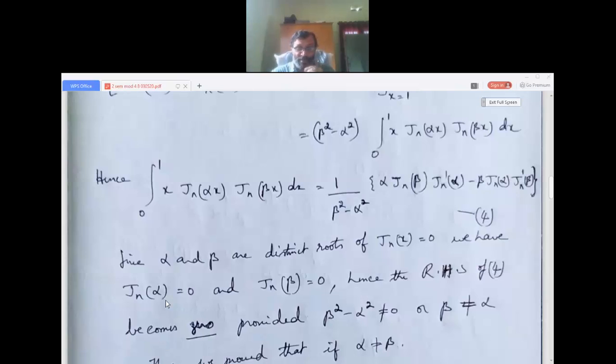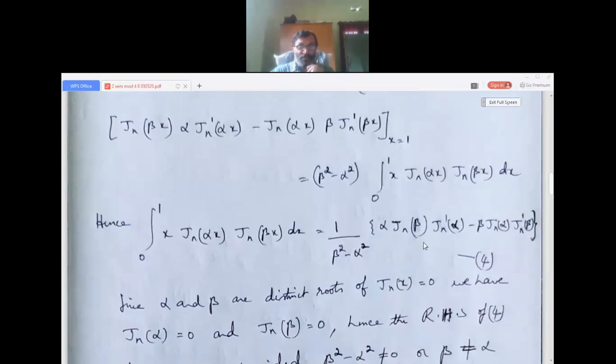Any root satisfies the equation. So x equals alpha satisfies the equation Jn of x equals 0, so Jn of alpha equals 0. And x equals beta satisfies the equation, so Jn of beta equals 0.